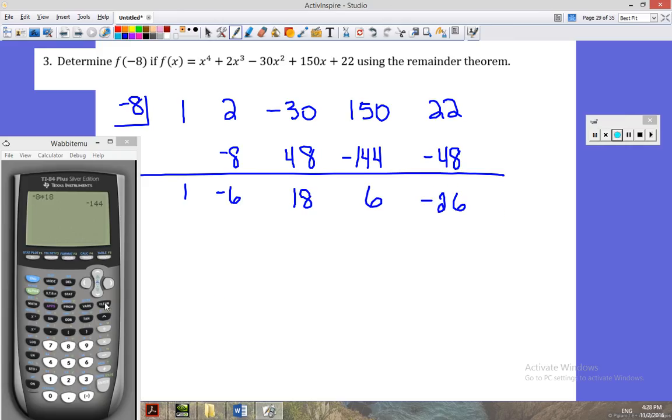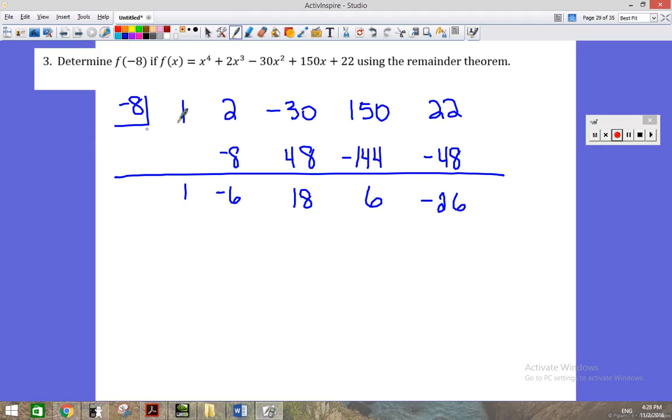All right. So, hopefully you won't tell me tomorrow that I made a silly arithmetic error. I claim, if I haven't made an error here, that if you evaluate this function, if you replace x with -8, you'll get -26.